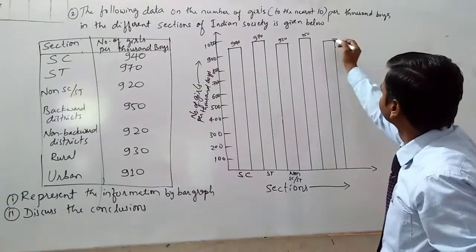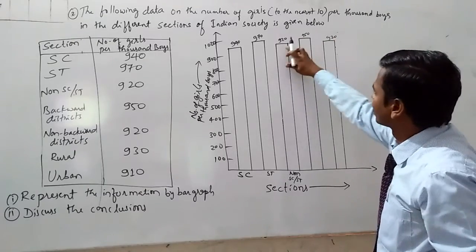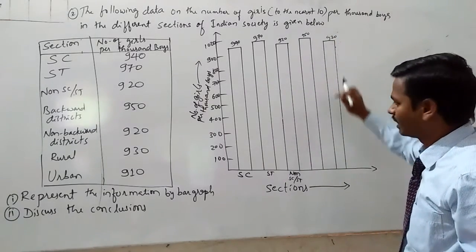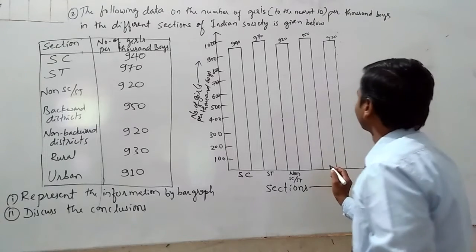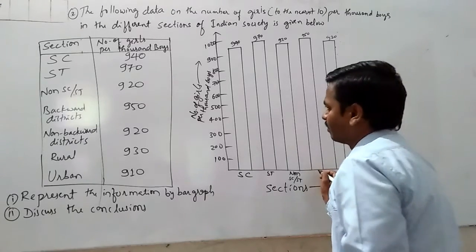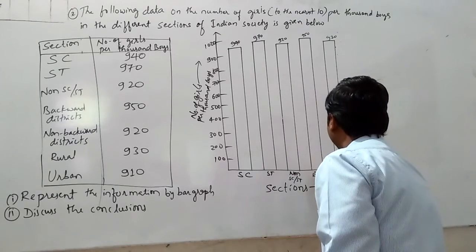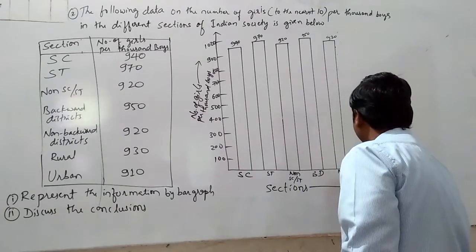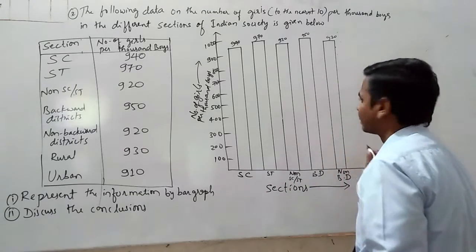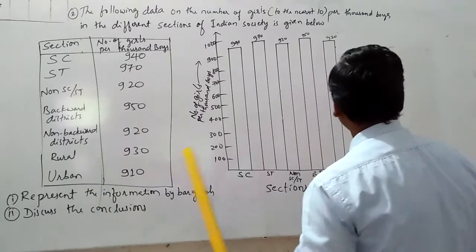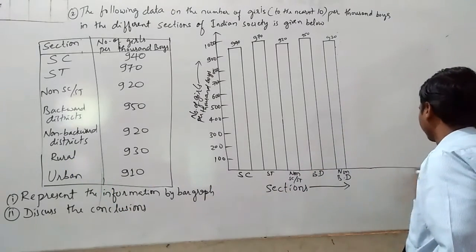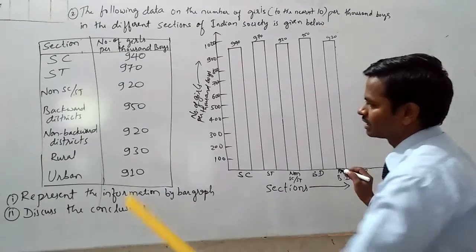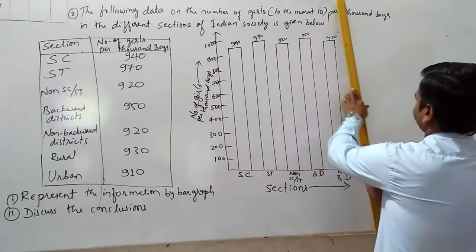Here, the first one is backward districts and then non-backward districts. Next one is rural. The rural is given as 930.